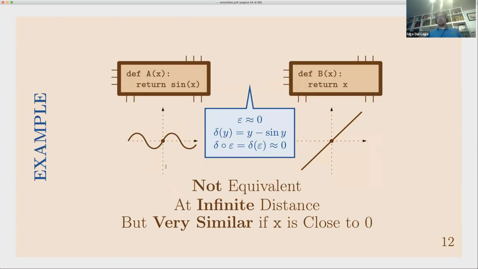So, for example, one could take a look at the pair of programs I took as a first example, the sine trigonometric function with the identity.